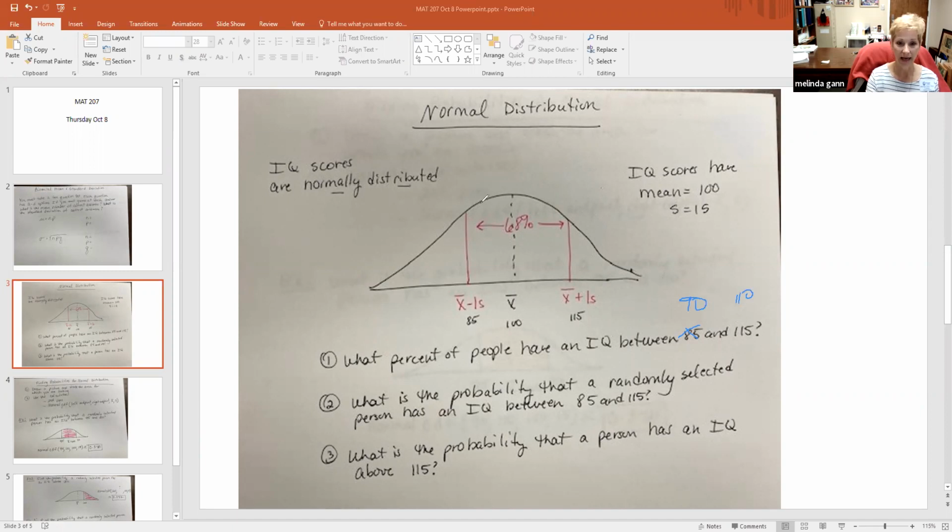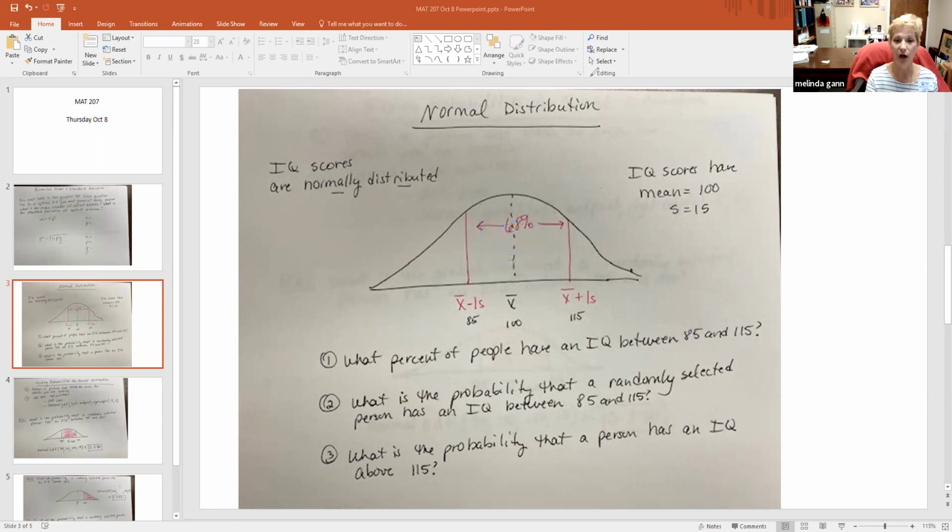Well, see, 90 would be about right there, maybe, and 110 would be about right here. And I want to know what percent of people have an IQ between those two. Well, I don't know. I know it's less than 68%, but I can't, with this picture here, give you exactly the right answer.